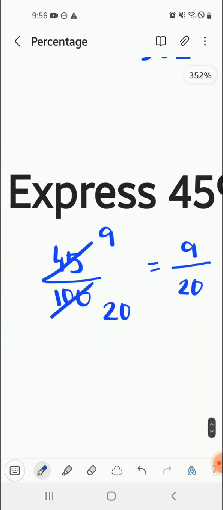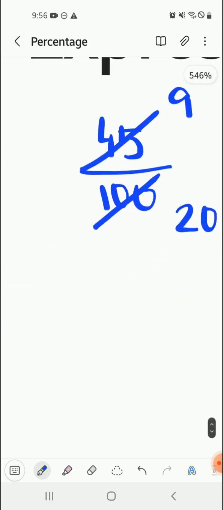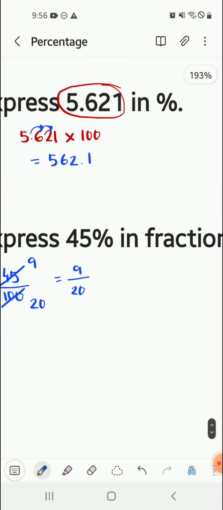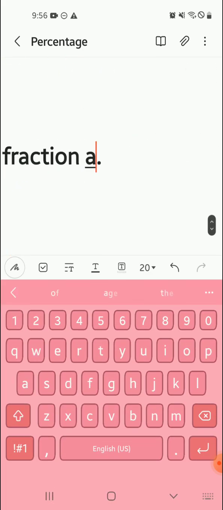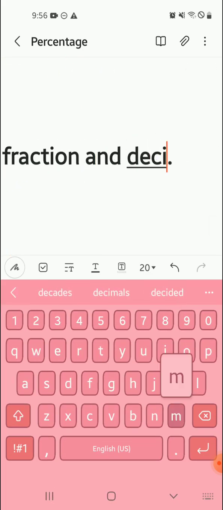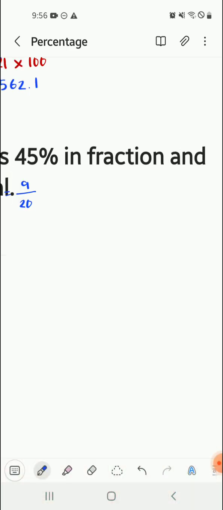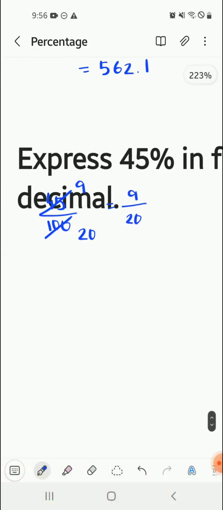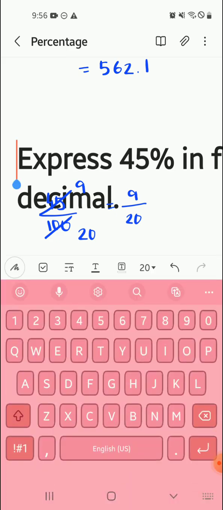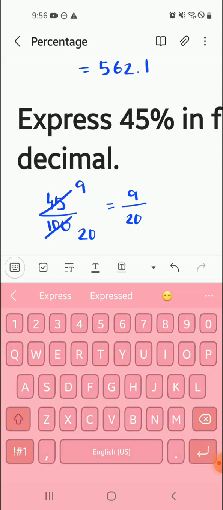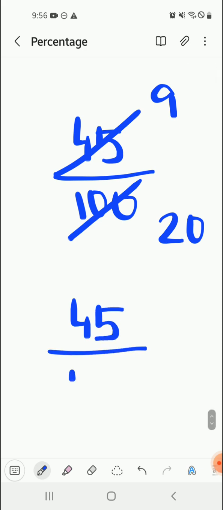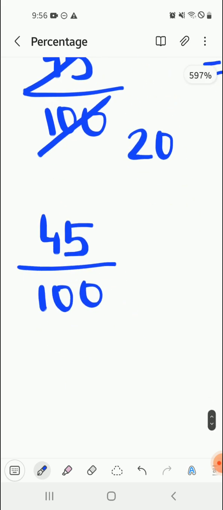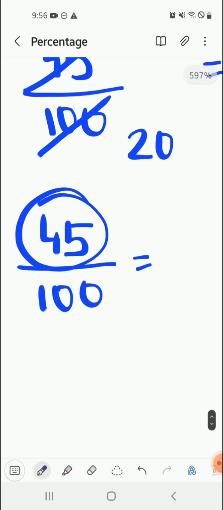Similarly, if we are asked to find this same number, 45%, in fraction, and along with it, also in decimal, then what do we do? In that case, we have to find it in decimal as well. It becomes very simple. 45% is written as 45 by 100. So, we are going to write down the numerator first.